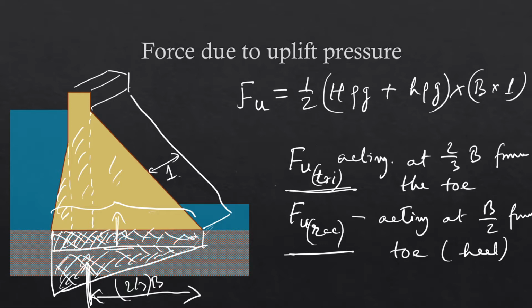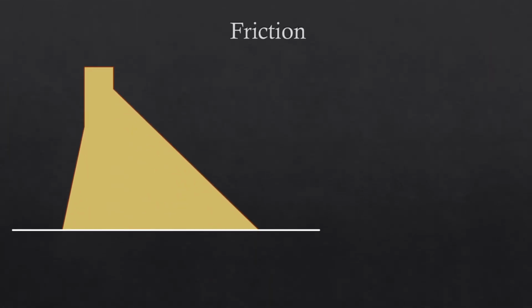Then the next force is the frictional force, and this frictional force is actually a resistance. So the force due to water will be acting in this direction, then if tail water is present, then it will be acting in this direction, and the uplift pressure will be acting in upward direction and the weight will be acting in the downward direction.